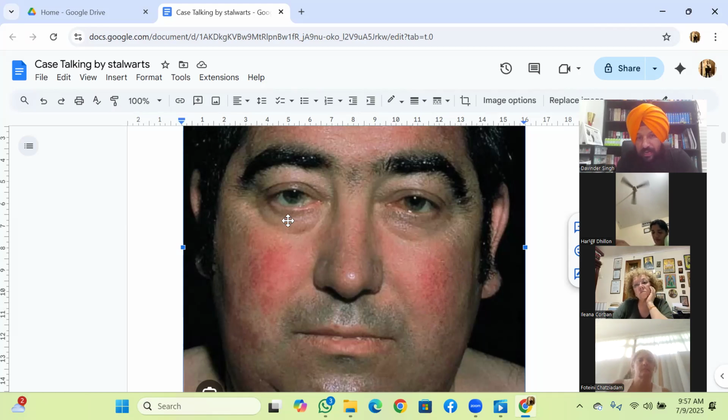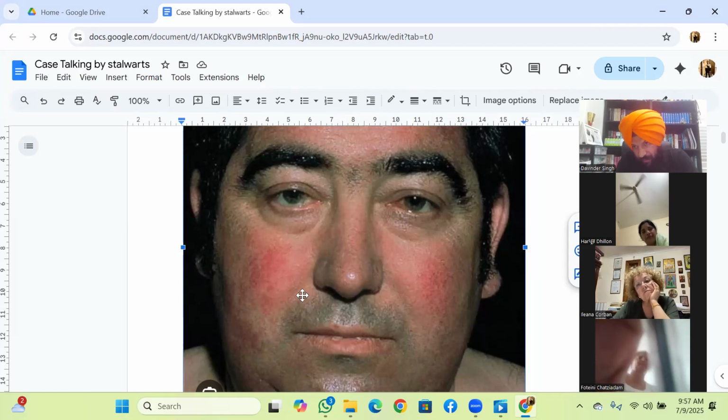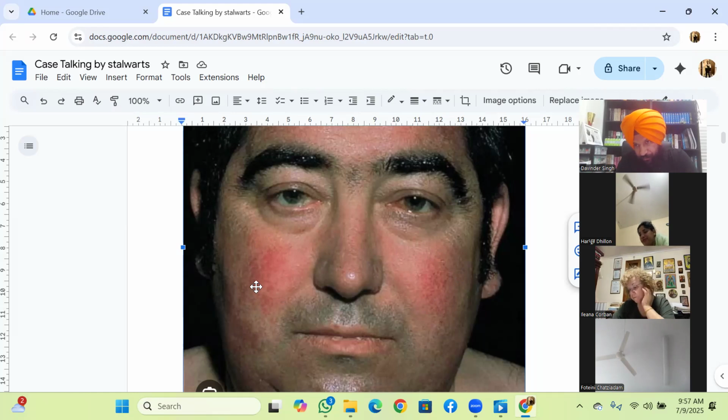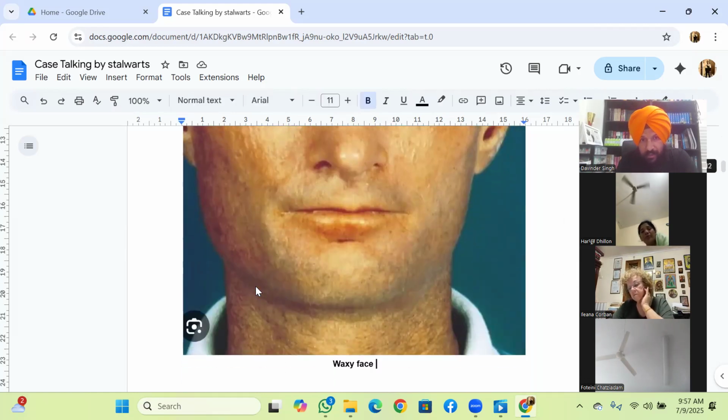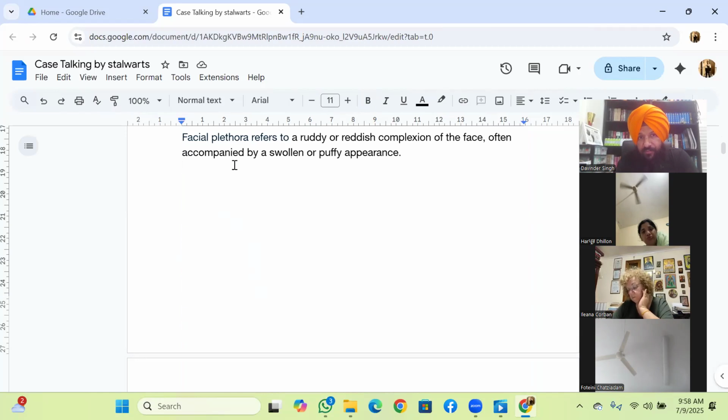This is called plethora. Plethoric face. Facial plethora refers to reddish complexions of the face, often accompanied by a swollen or puffy appearance.